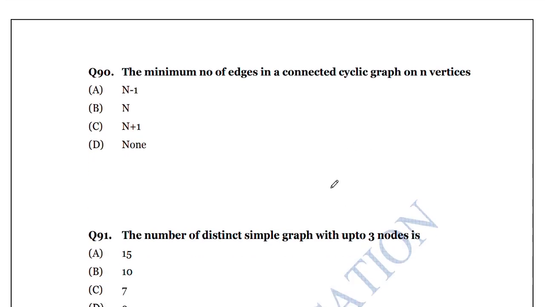The next question is the minimum number of edges in a connected cyclic graph of n vertices. They are asking for the minimum number of edges. If there are 3 vertices, 2 edges are enough to connect the graph. If they ask for the maximum number of edges or a complete graph, then only n into n plus 1 divided by 2. But they are asking for the minimum number of edges in a connected cyclic graph. Remember, they are asking for a cyclic graph.